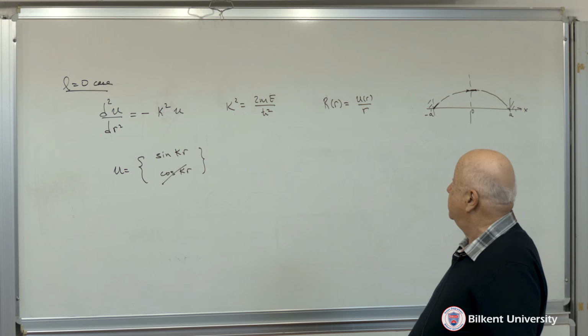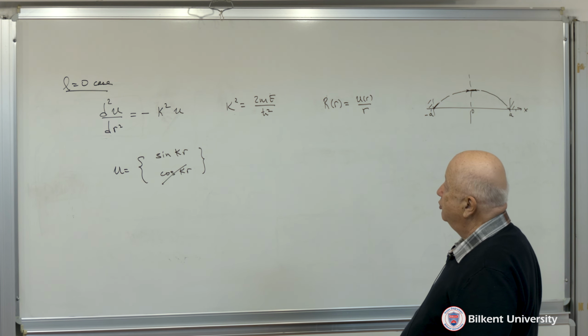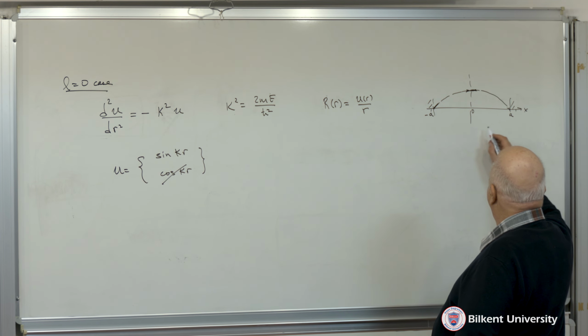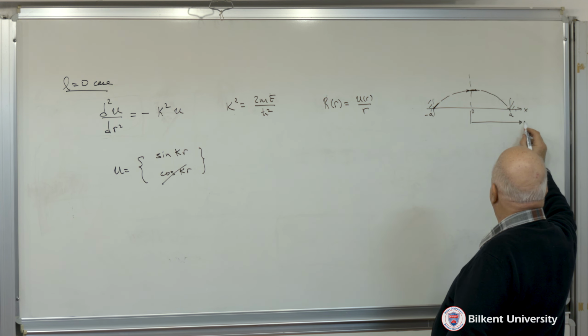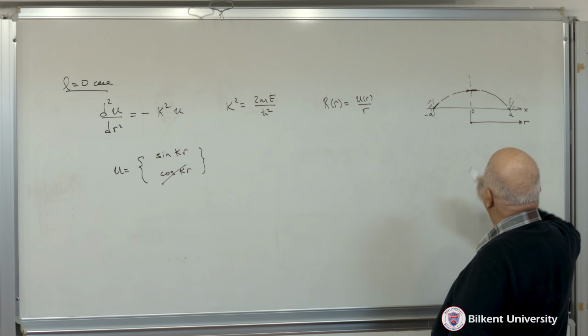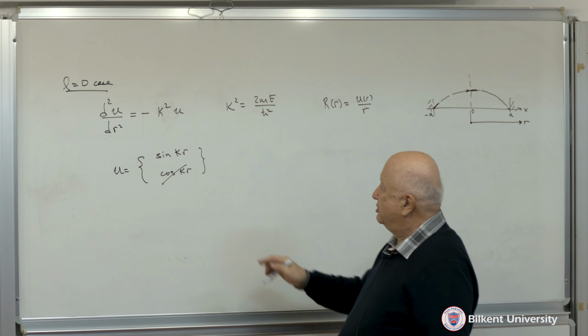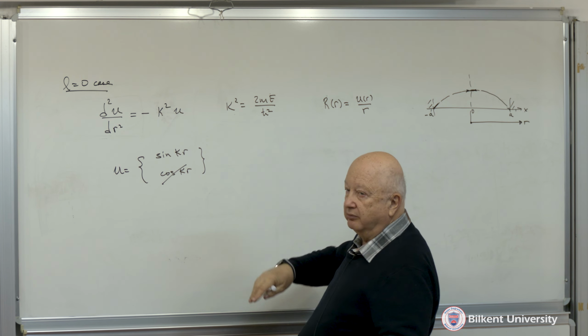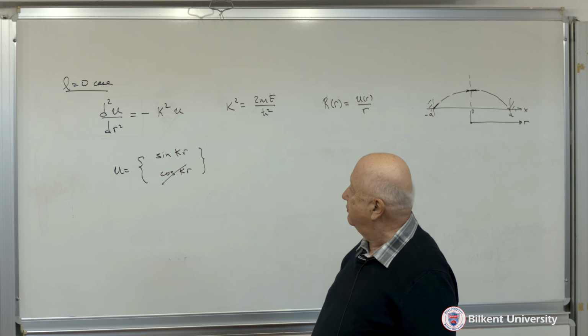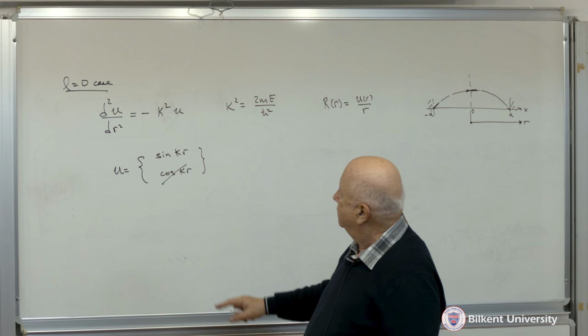And I want the function to go to 0. This is the x-axis, but r starts from 0 and goes in that direction. So sine kr over r will be well behaved.